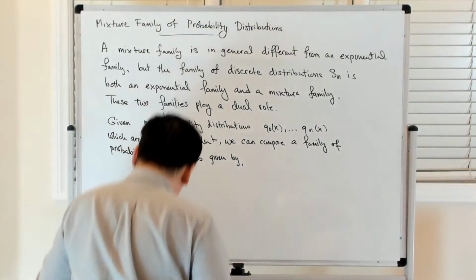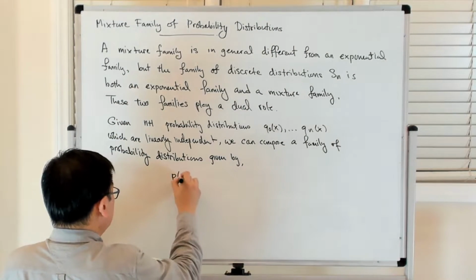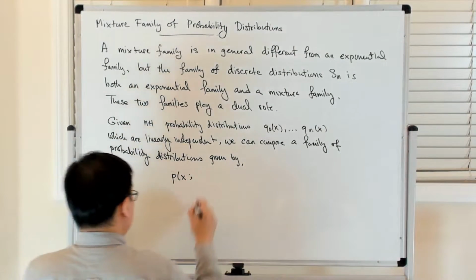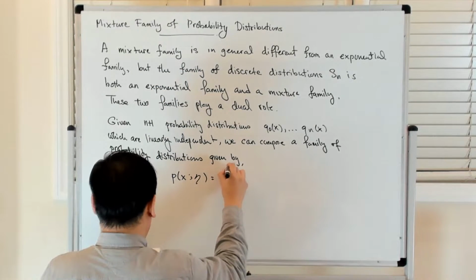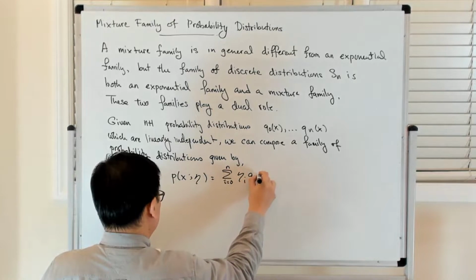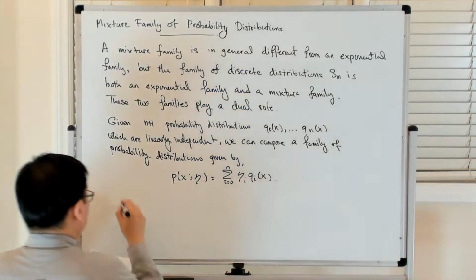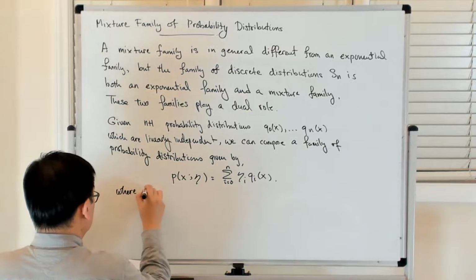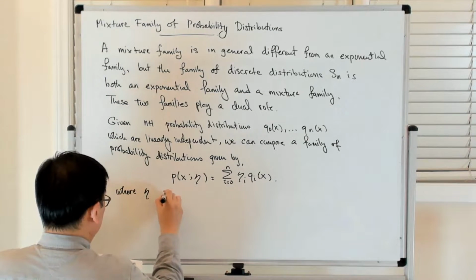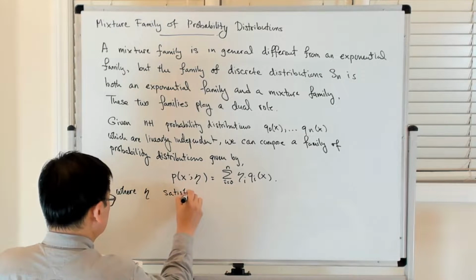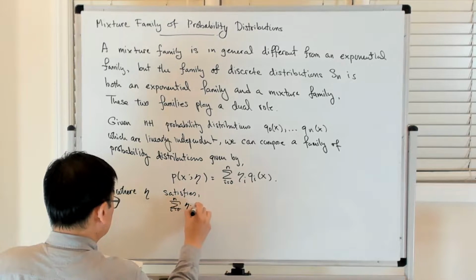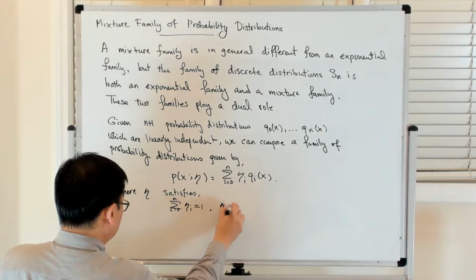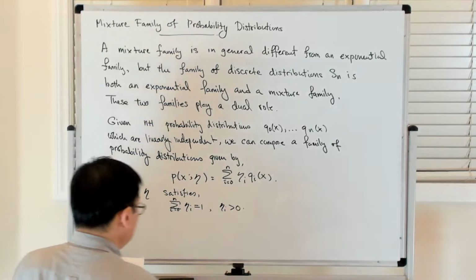All right. So p of x, eta is equal to the sum from i equals 0 to n of eta_i q_i of x, where eta satisfies the normalization condition and eta_i is positive.